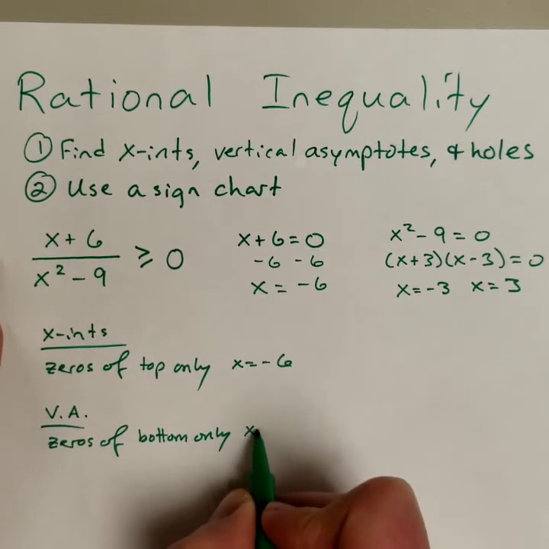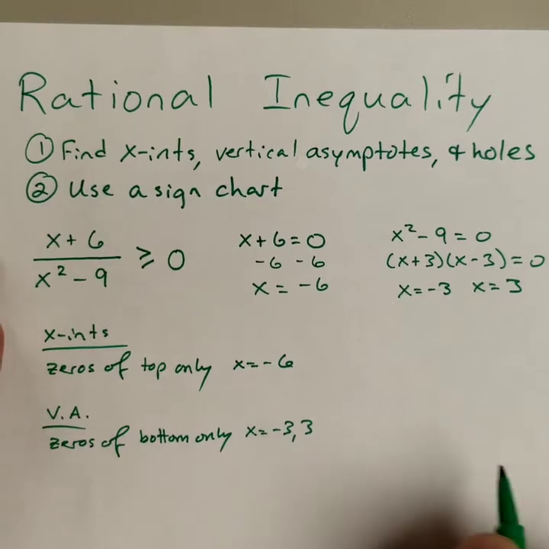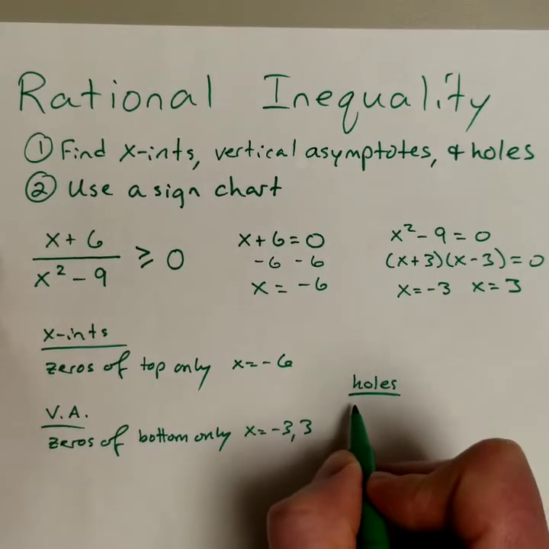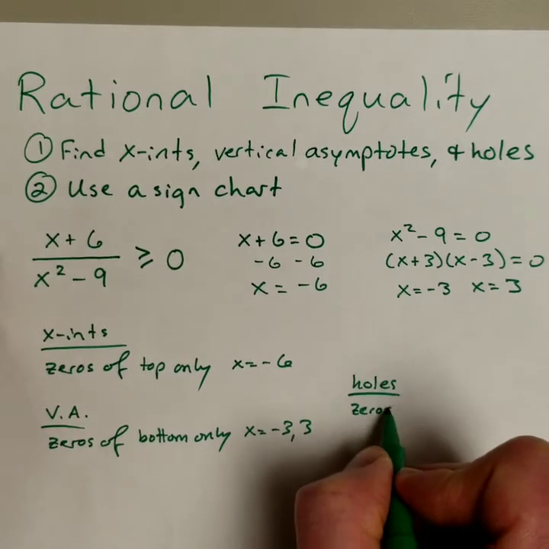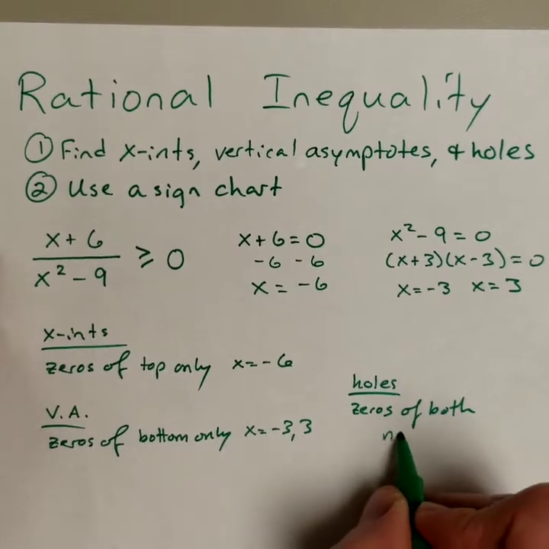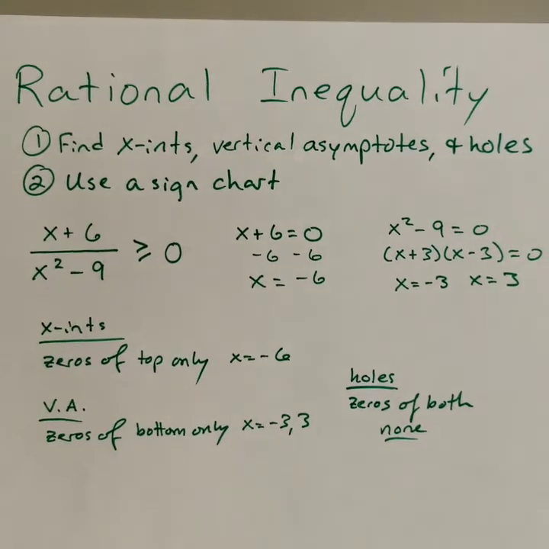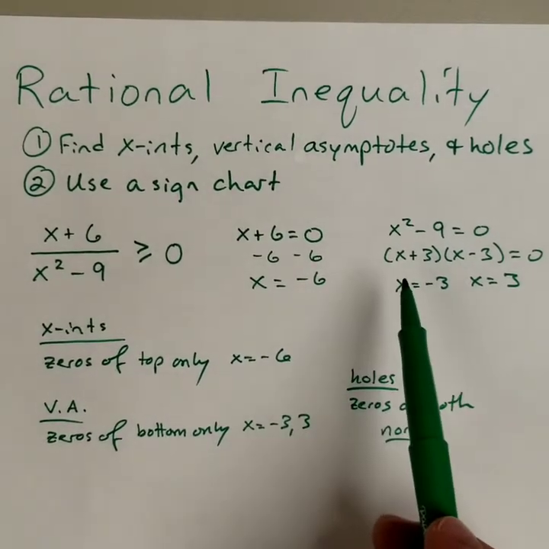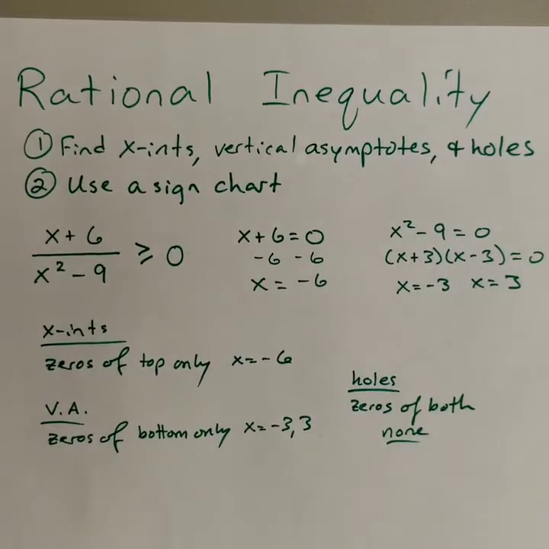Those would be negative 3 and 3. And then the holes come from zeros of both. And in this case, there are none. There's no overlap here. There's no number that occurs in both of these lists.